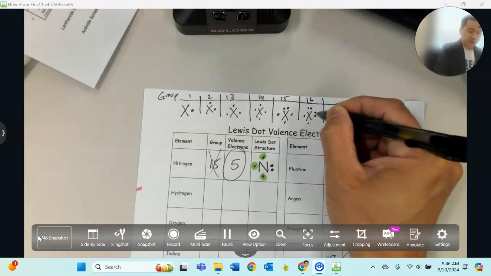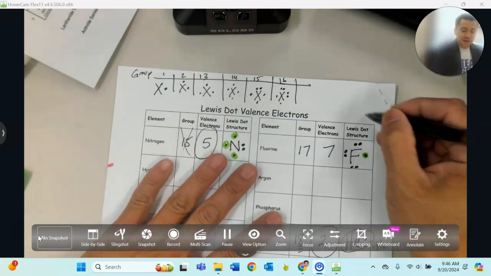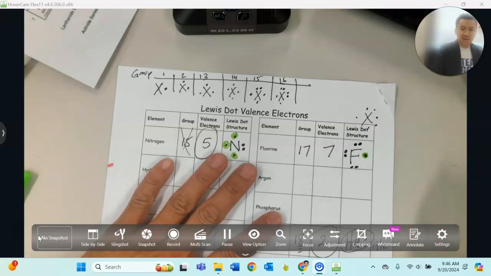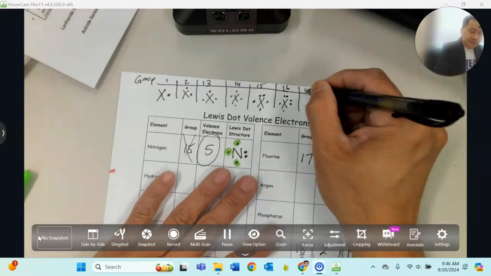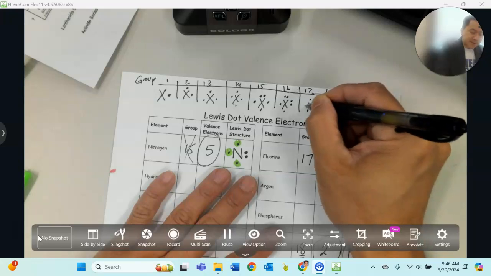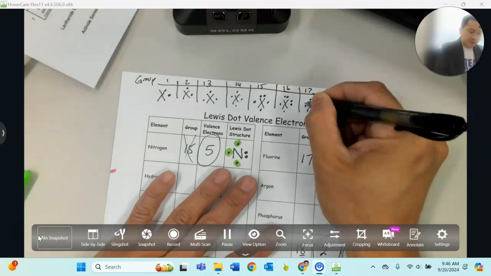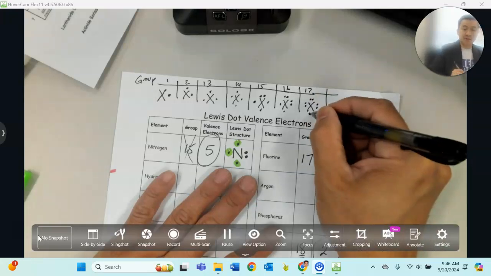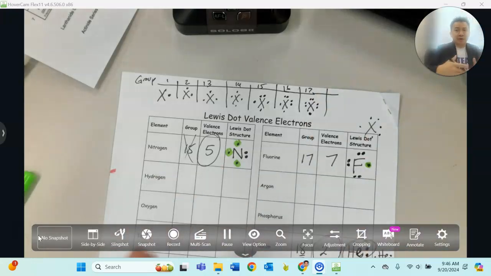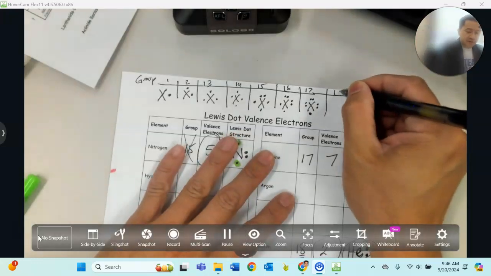Make sure the pairs look close enough so that they look like a pair. I often have students draw the dots spread apart and it doesn't look very paired. You've got to make it look very paired. For group 17, do it closer: that looks like a pair, that looks like a pair, that looks like a pair, and then there's one single at the bottom. That single one could be anywhere, top, bottom, left, or right, so there's no right or wrong location for it.